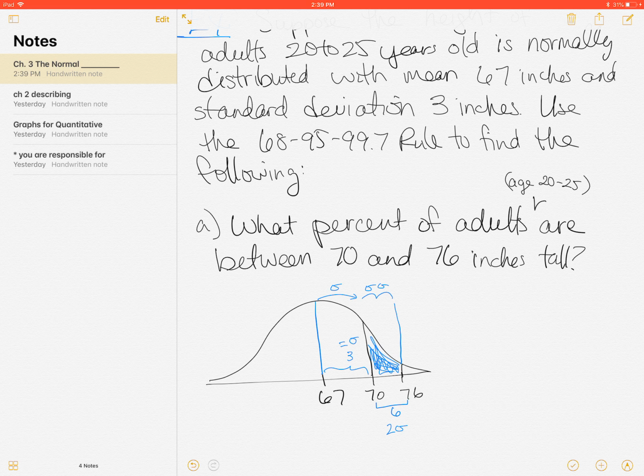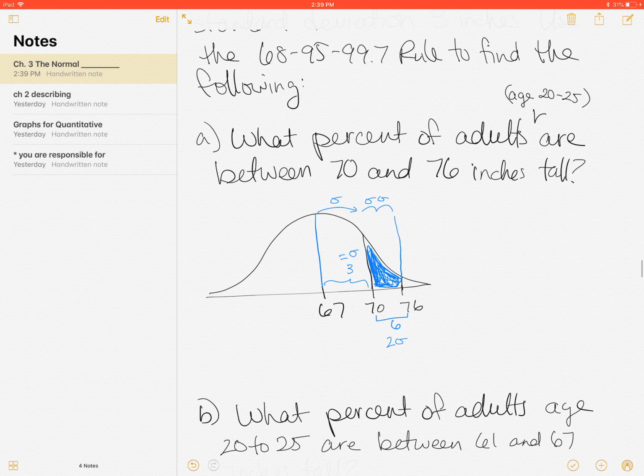So what we're going to do is we're going to say, I need to find this shape using all the other stuff I know. So, okay, let's start with, we're going to cut it into pieces. We can combine shapes or we can cut away shapes. Notice this piece I want is almost an entire right side.